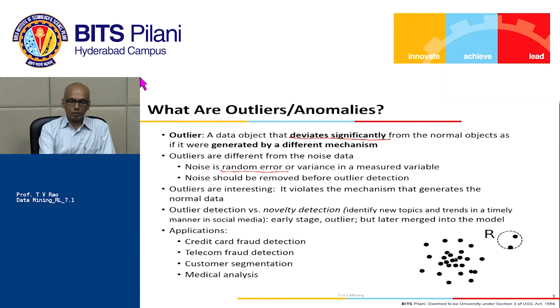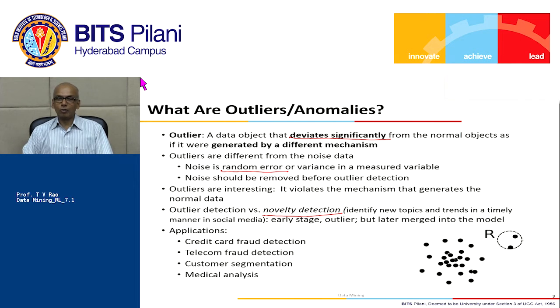And we should also look at a similar topic, that is the novelty detection, and how is it different from outlier. See, when we have social media, there are many people who are tracking what is happening in the social media. It is possible that suddenly people are interested in a new topic, and that may look like a novelty to start with, and in fact it may come out as an outlier at the beginning. So some unusual event has happened and people started talking about it.